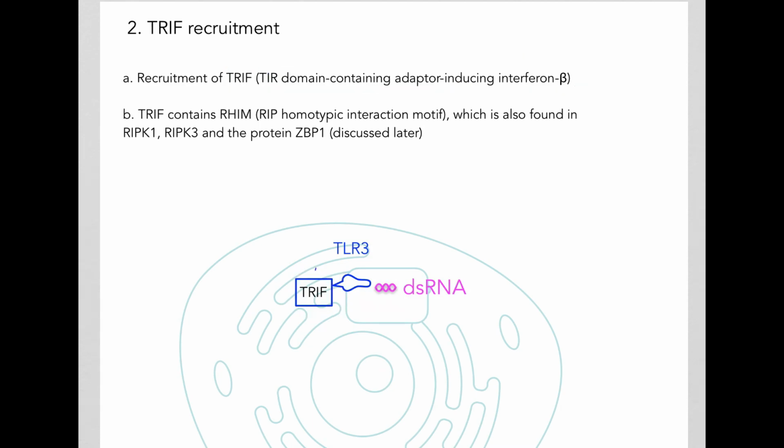Now the TRIF protein contains the RHIM domain, which is the RIP homotypic interaction motif, and this RHIM domain, as we discussed in previous videos, is also seen in proteins such as RIPK1, RIPK3, and also the protein Z-DNA binding protein 1, which we'll discuss later.